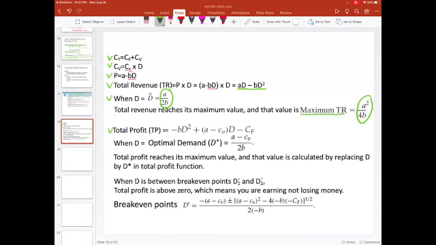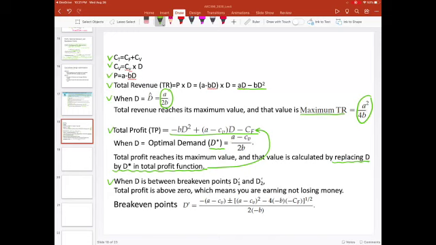And also, if you want to calculate the profit, this is the function you're going to use, okay? And also, you know, when D equals D star, you can reach your maximum total profit, okay? So if you want to calculate your maximum total profit, you just replace the D by D star in the total profit function.